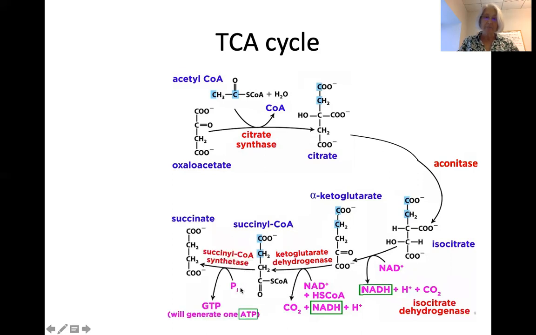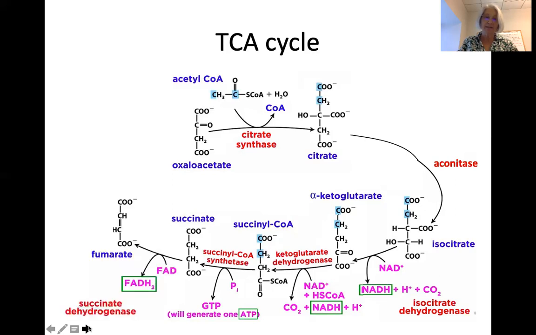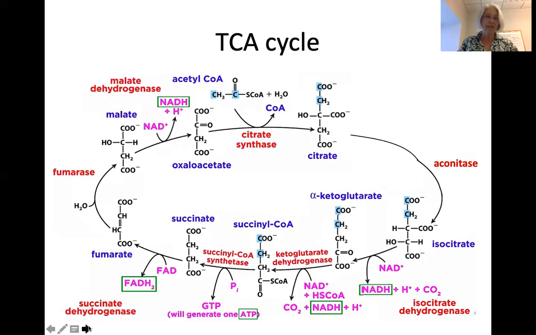The next step, we synthesize a GTP as the coenzyme A is released to produce the 4-carbon succinate, which then gets reduced to fumarate. The fumarate gets rearranged to malate, and the malate gets oxidized by malate dehydrogenase to get us back to oxaloacetate.